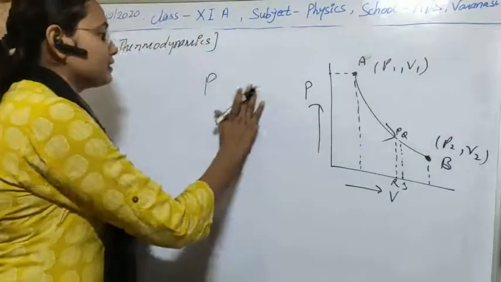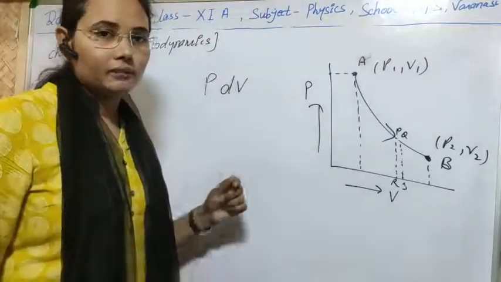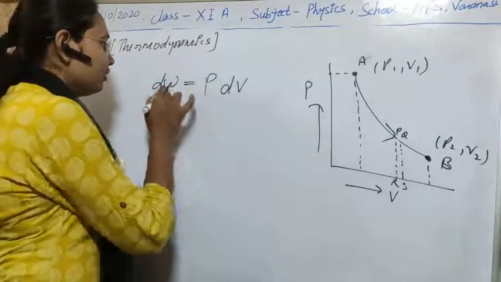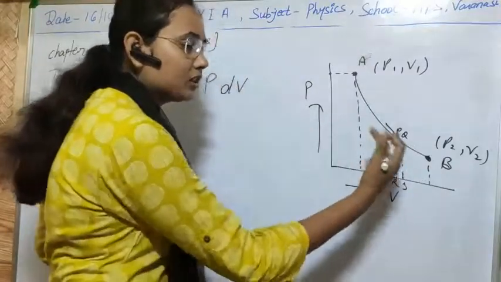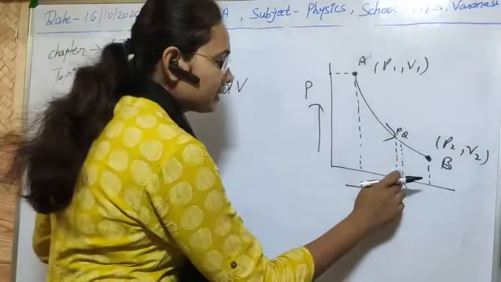Due to the pressure P, the change in volume is dV, and that is the work done in expanding, compressing, or changing its volume by an amount dV, or simply displacing it from R to S.